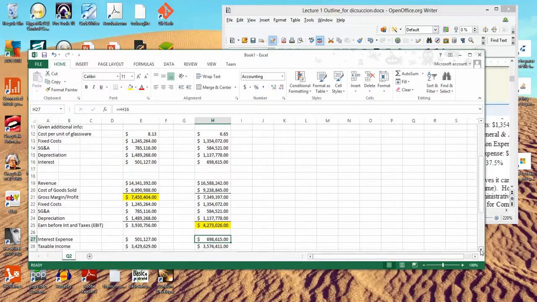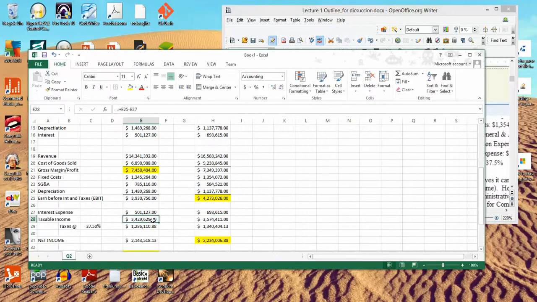Then I took out my taxable income, which is EBIT minus interest expense. Same thing over here. And I multiply that times 37.5%. That's my tax expense. And subtracting that from H28, which is our taxable income, gives me my net income. And net income for company B is definitely bigger.